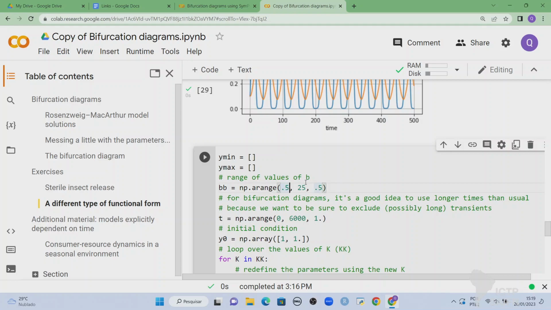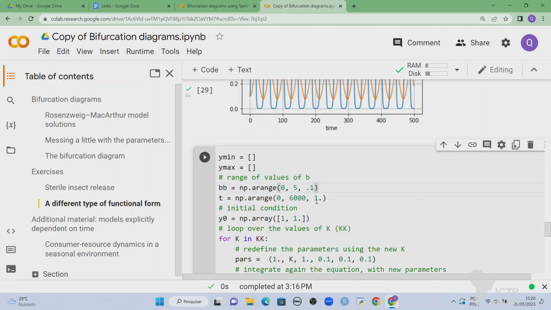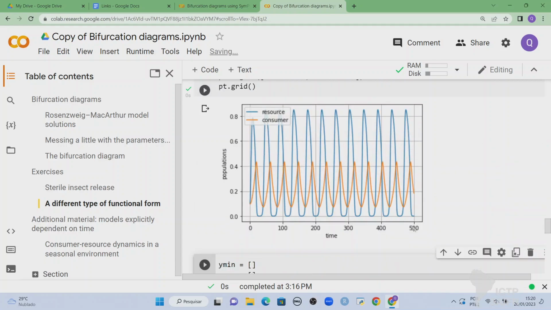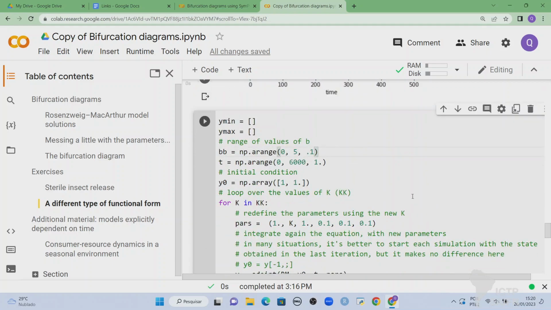I'm going to go from 0 up to 5. We can see later if 5 is okay, if you want more. Some 50 values, so b steps of 0.1. Now, what should be a long time here? I went up to 500 before. Maybe this is okay, but let's put 1,000 time steps.